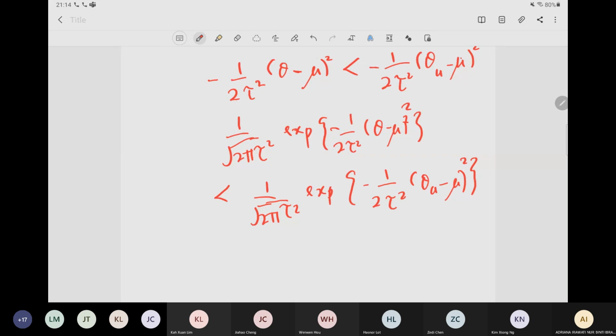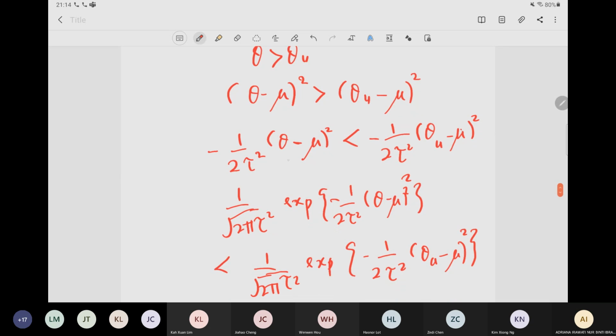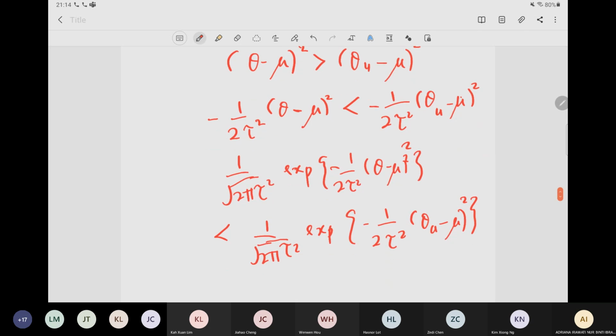Here, you start with theta bigger than theta U, and then we have this function squared, so it's still larger, but because you put the minus sign, the sign changes. If I put the exponential, the sign is the same, because exponential is a monotonic function.